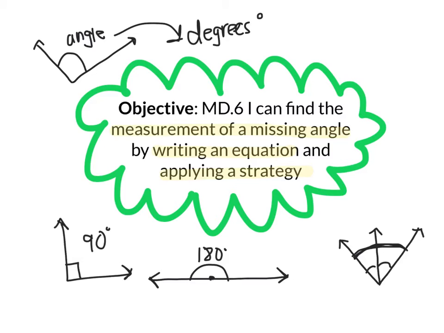We also talked about labeling angles. So each point of an angle can have a letter. So the way that we would read this angle here is we could call it angle LMN.